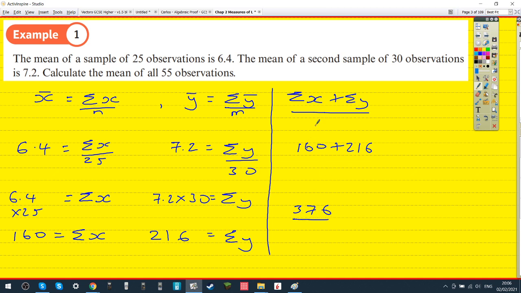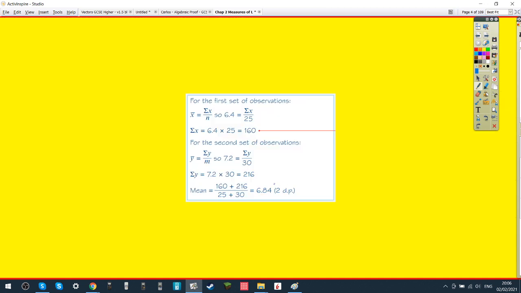Well done. Which is 376 over 55, or 6.84 to 2 decimal places. Let's take a look. 6.84.